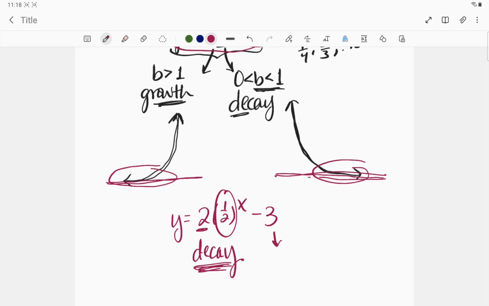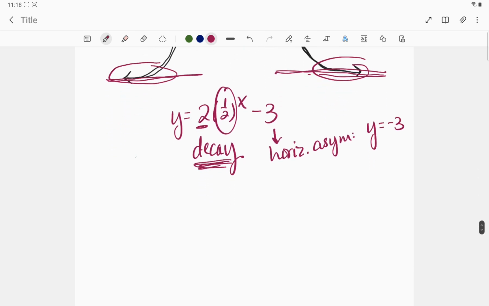And then this number out here, remember, that's our horizontal asymptote. So the equation of the horizontal asymptote would be y equals -3. And if we were looking at the graph of this function, we would know that it's going to flatten out on the bottom here at -3, and then it's going to be a decay function.